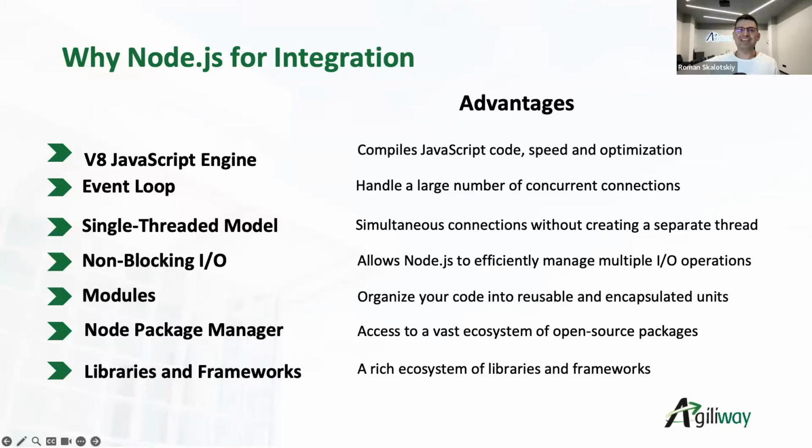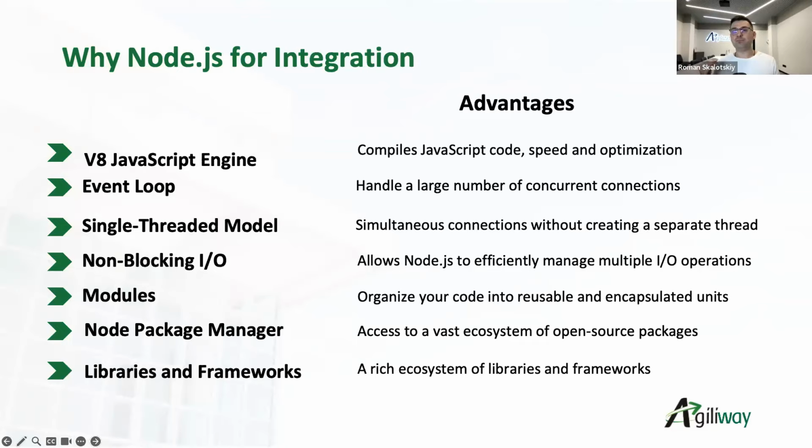Next one is the event loop. Node.js is known for its non-blocking event-driven architecture. At its core, Node.js operates using the event loop. The event loop continuously checks for events such as incoming network requests, file system operations, and timers.